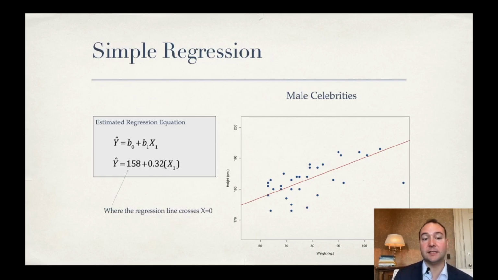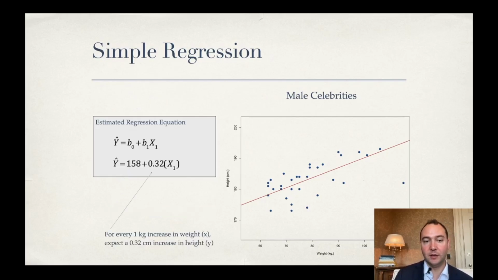So this is our beta 0. This is where the regression line, this red line, crosses x equals 0. And for every 1 kilogram increase in weight, x, we should expect a 0.32 centimeter increase in height, y.